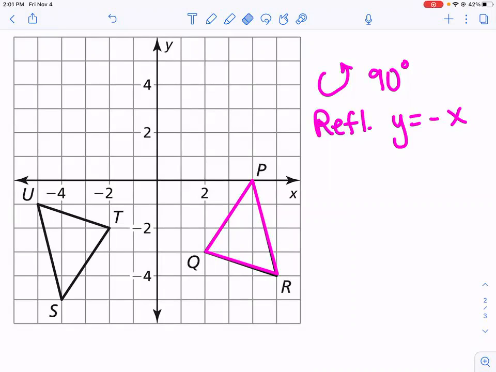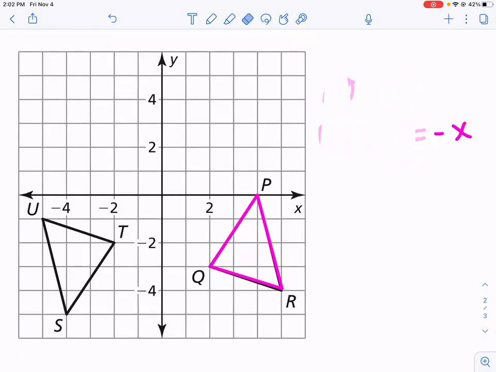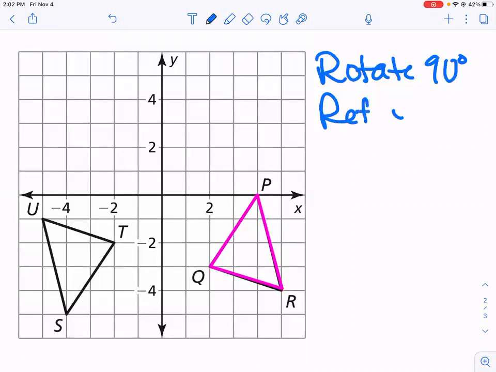Okay, well, yours, I'm not gonna go through this one. Well, let's just say, okay, rotate 90 degrees and then reflect y equals negative x.